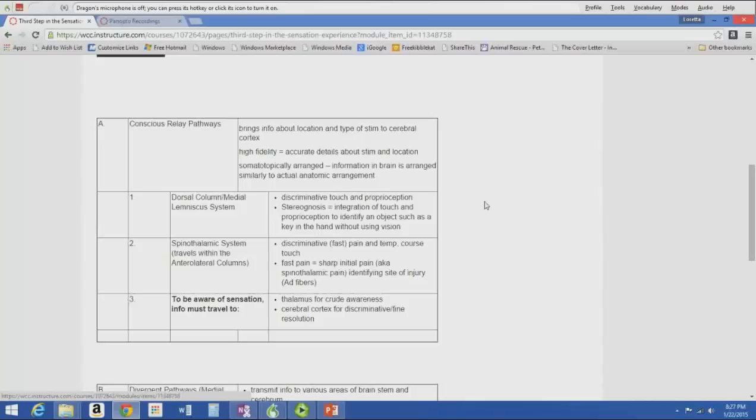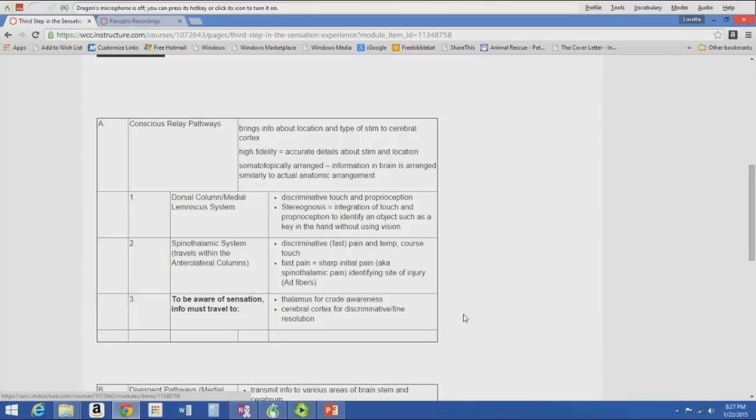So the sensory information comes from the periphery, but we only feel things in our brain. We use that information to transmit that into what it really is. Okay? So to be aware of sensation, for crude awareness, the information has to travel to the thalamus. If it doesn't travel to the thalamus, we are not aware of it.